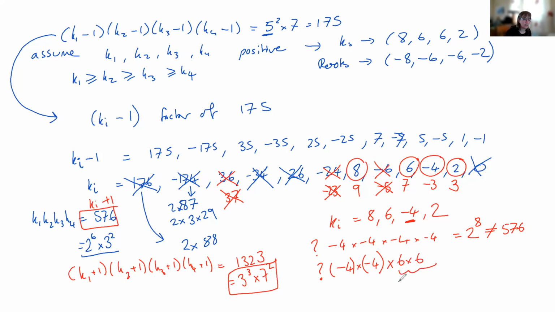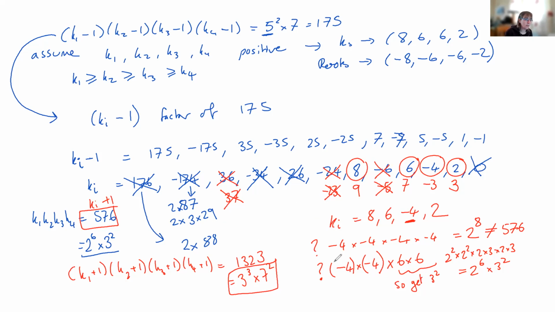If we work this out, we've got 2 squared times 2 squared times 2 times 3 times 2 times 3. That gives me 2 to the 6 times 3 squared. So this looks like it might be a possibility. So now we need to check that it will work in the other equations. So it works on this one.